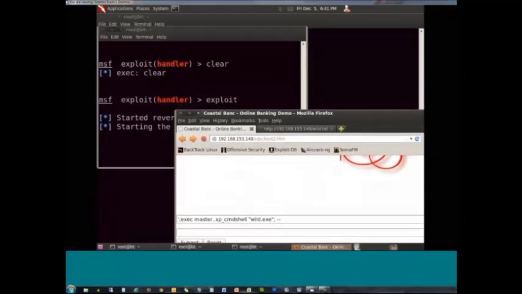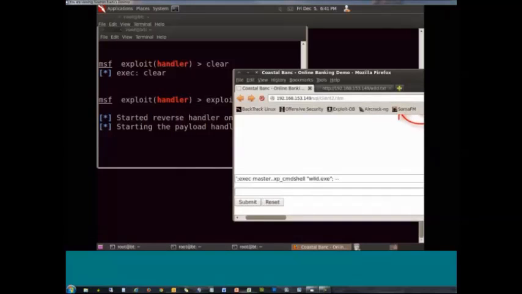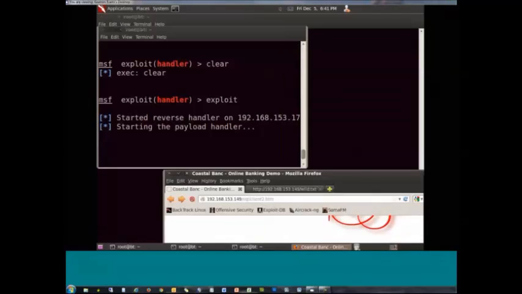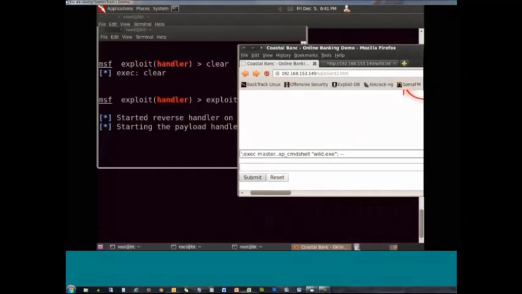So I'm going to go ahead and submit the injection. And eventually we'll get a connection back.